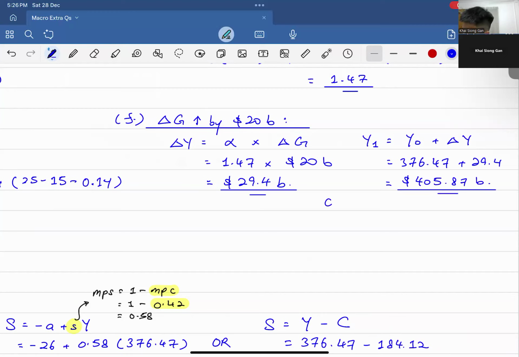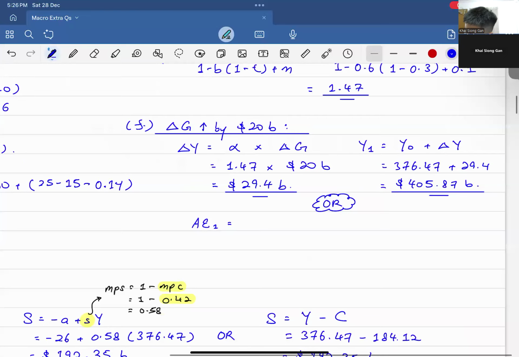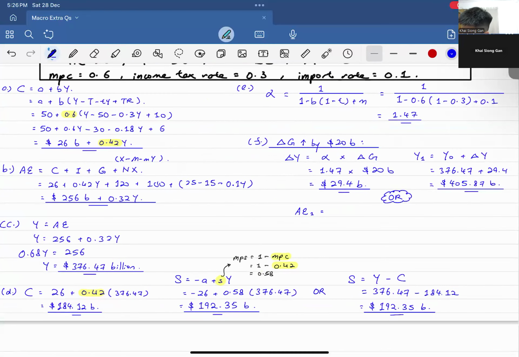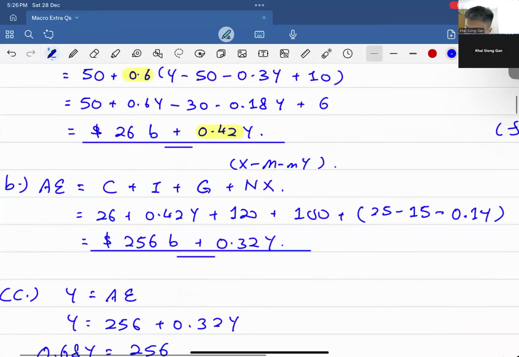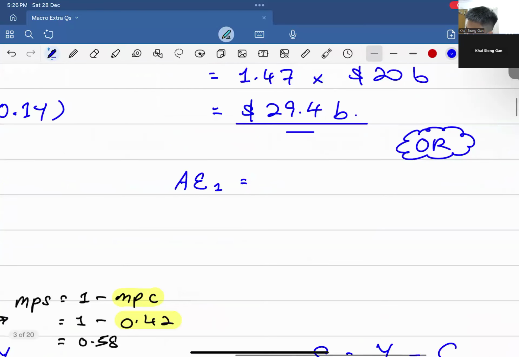Or there is another method as well, if you wish to try it, which is using the AE function to find a new AE function. At first my AE is 256 plus 0.32y. To find the new AE function, I use the initial AE function plus the change in injection. Capital A means injection.